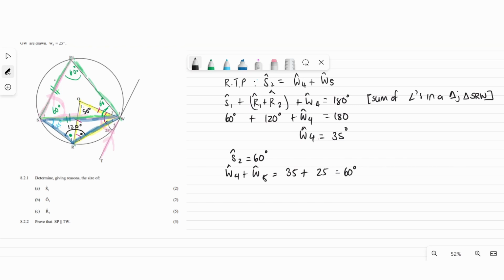Therefore angle S2 is equal to W4 plus W5. And if they are equal, that means SP is parallel to TW, and your reason for that is alternating angles.